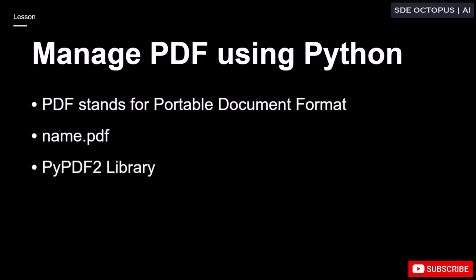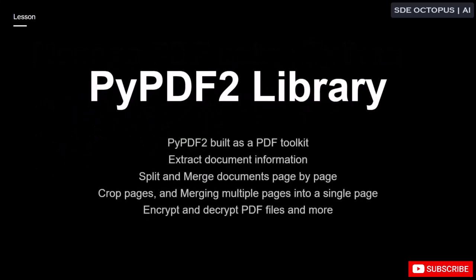And to work with PDF files in Python, to manage or modify them, we are gonna use the PyPDF2 library. This library is built as a PDF toolkit in Python to extract document information and also split and merge documents page by page.